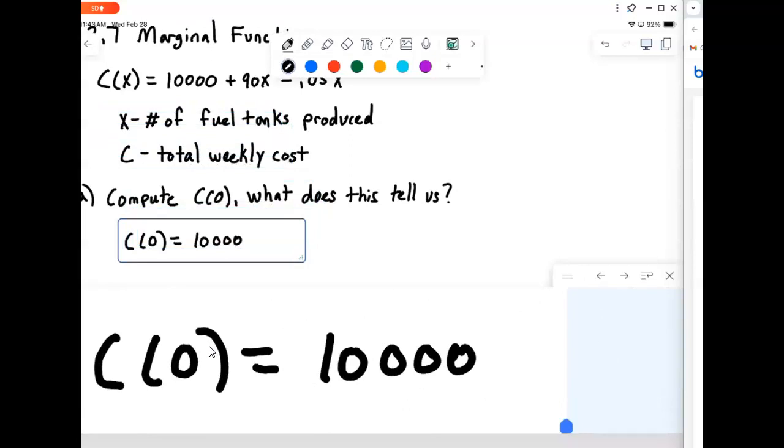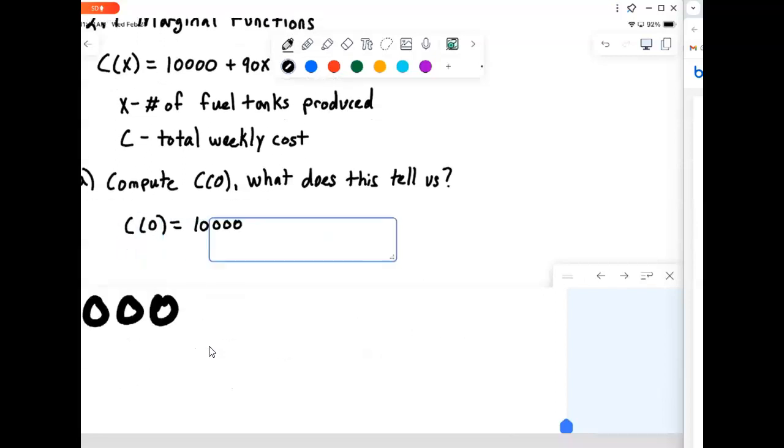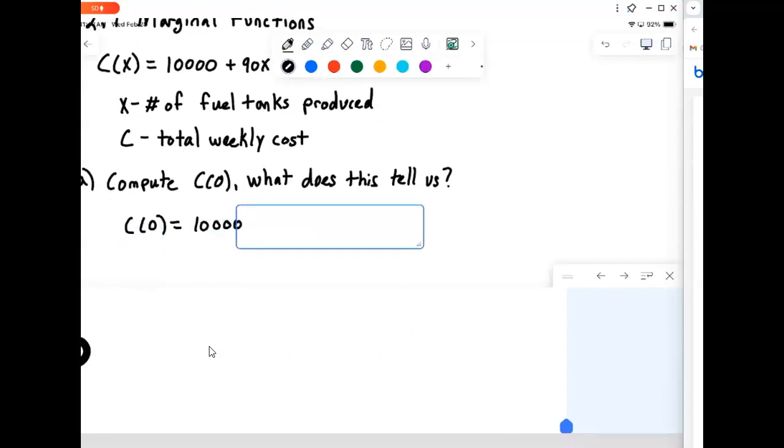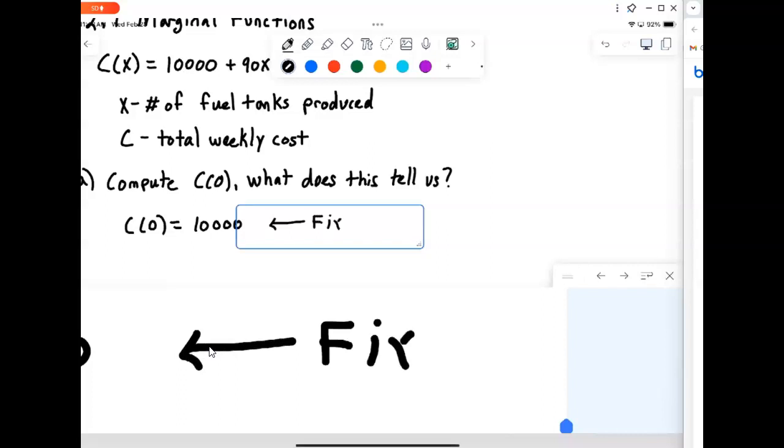How in the world are we having a cost if we don't make anything? Right? Well, those are the costs that we have to put out just to have our business. Those might be our property taxes, our utilities, insurance and other things like that that we have to pay whether we actually make anything or not. Right?